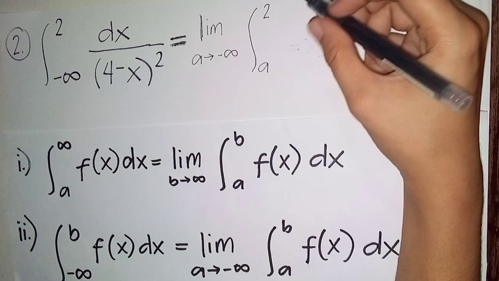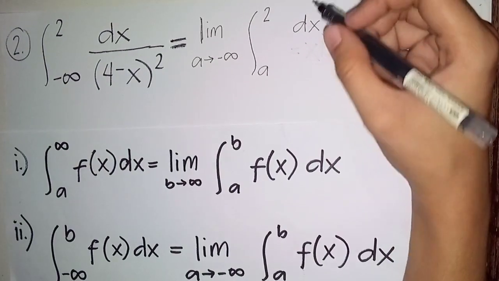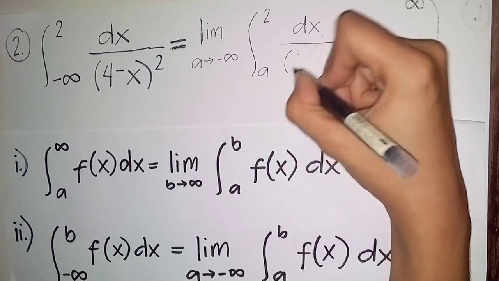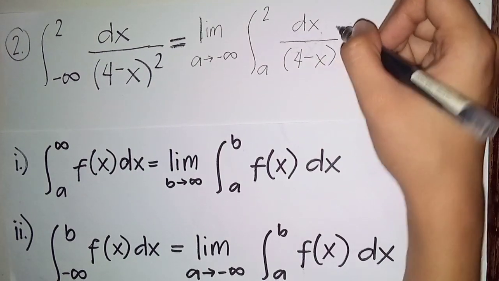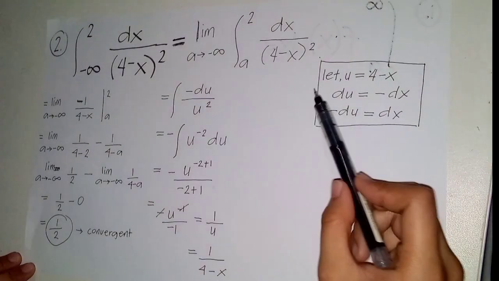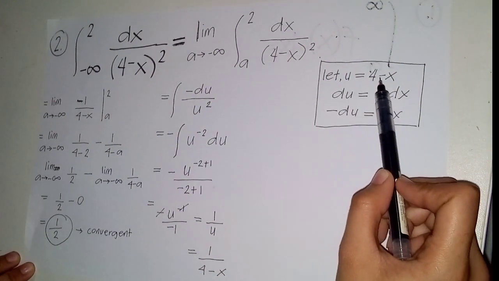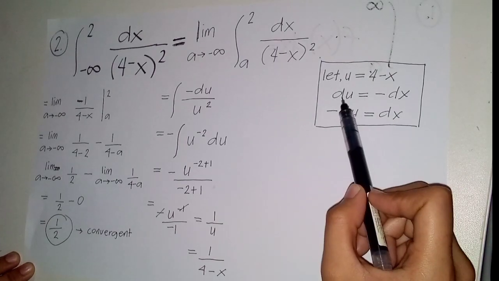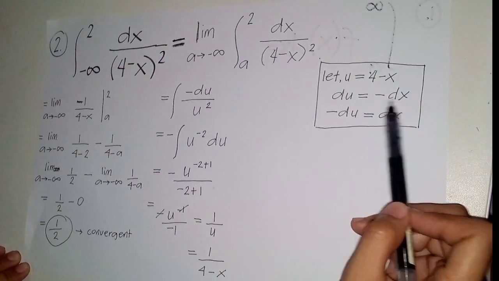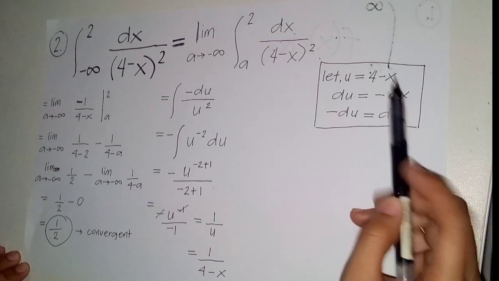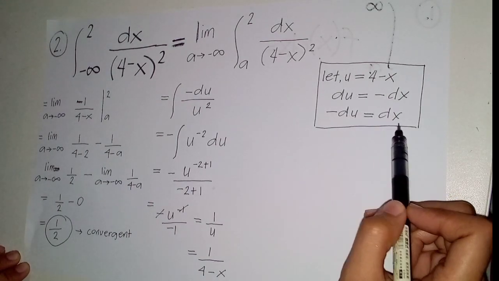Okay, the next step is to use substitution. So we're going to let u be 4 minus x. The derivative of u is negative dx, and when we divide both sides by negative 1, it gives us negative du, which is our dx.